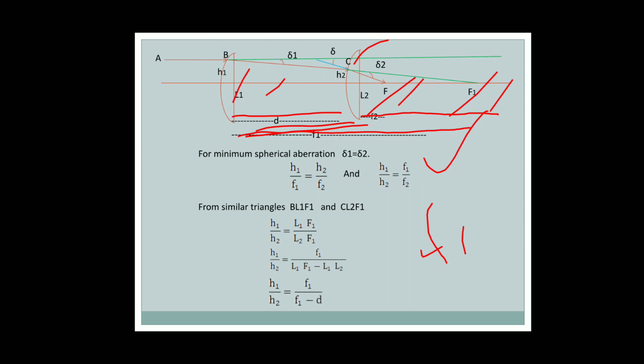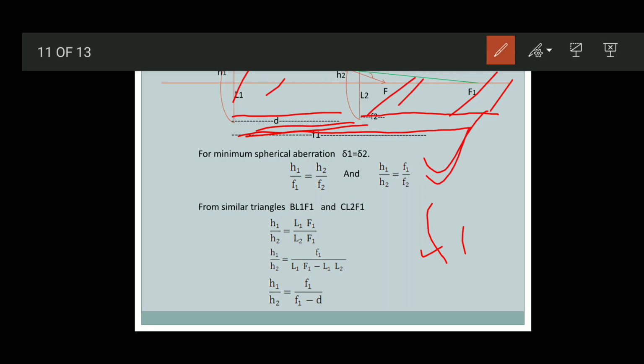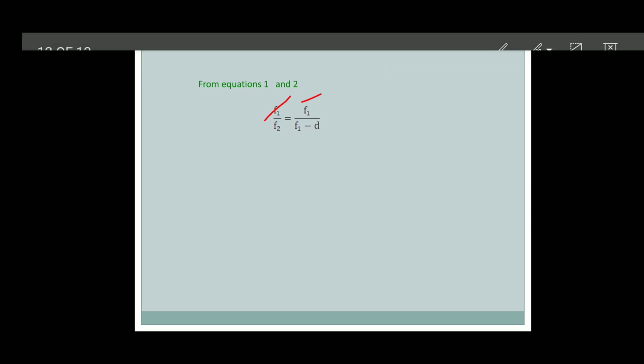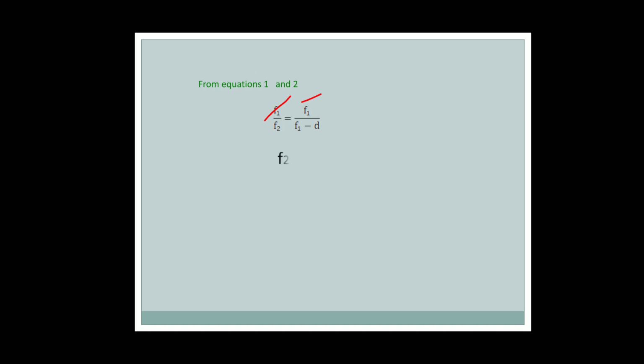From the earlier equation, h1 by h2 is equal to f1 by f2, and from this equation, h1 by h2 is equal to f1 by (f1 minus d). So f1 by f2 is equal to f1 by (f1 minus d), where f1 cancels, so that f2 is equal to f1 minus d.